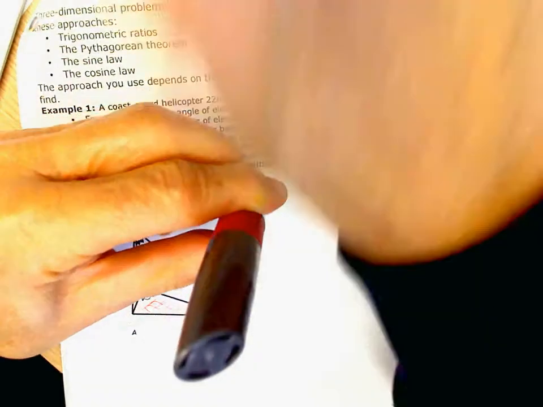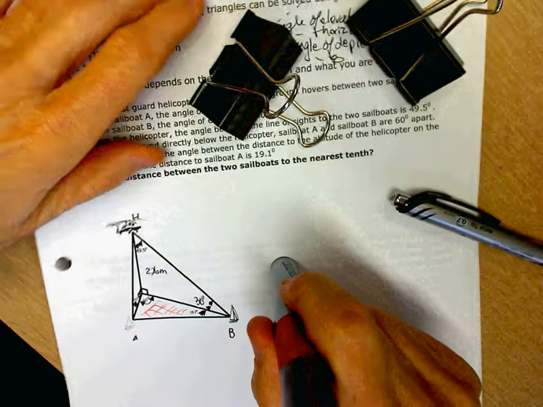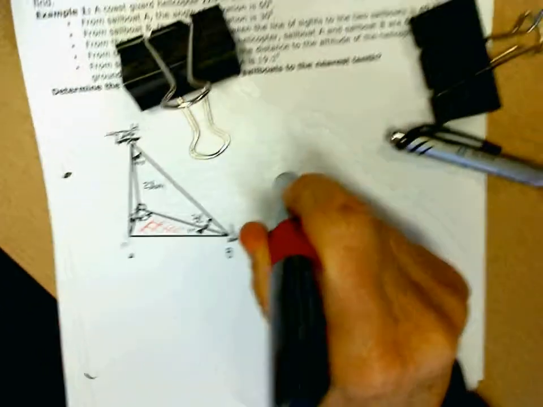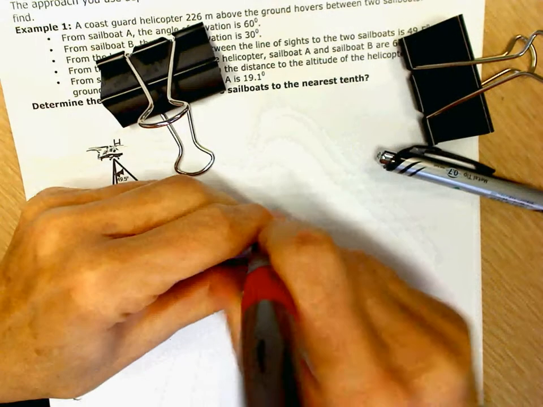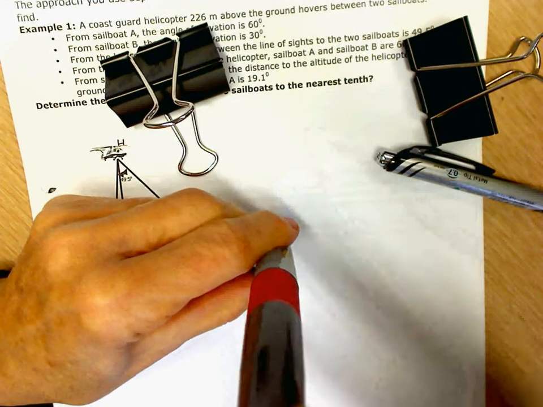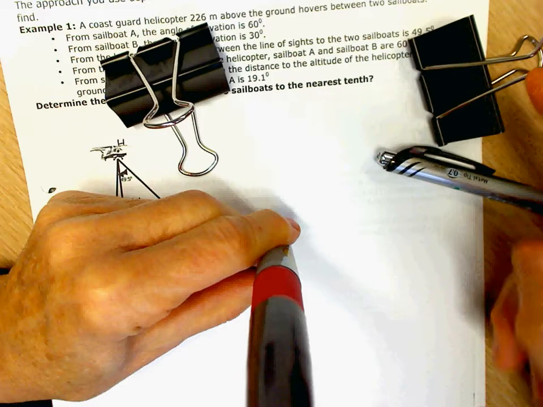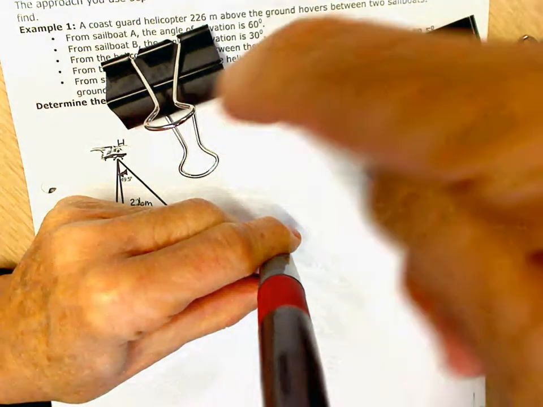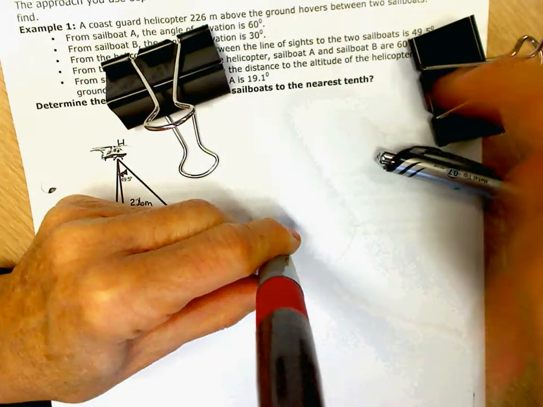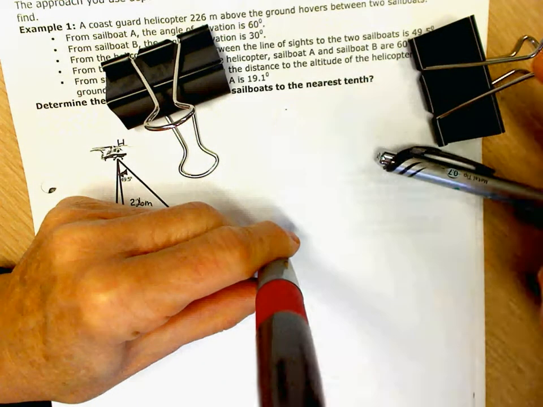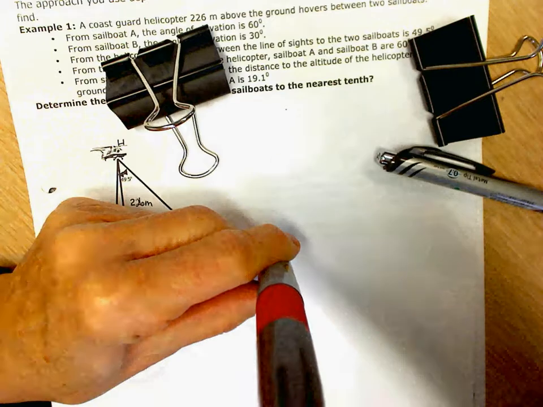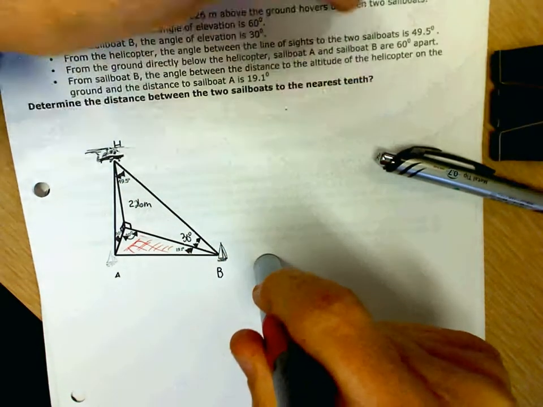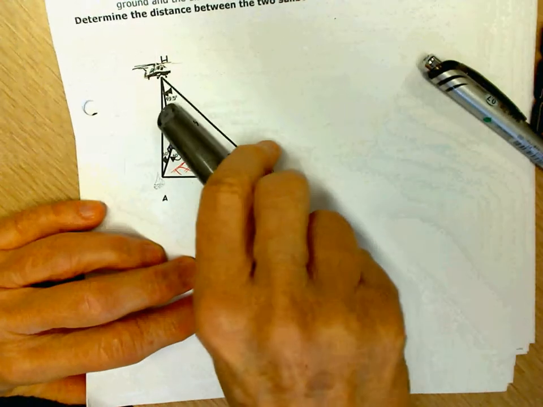This is sailboat B. Sailboat A, sailboat B. Let me move this up a little closer. So when they say the lines of sight, they're referring to this, then to this. They're talking about that angle in the air between this line and this line. They're saying that the angle between the lines of sight to the sailboats is 49.5.